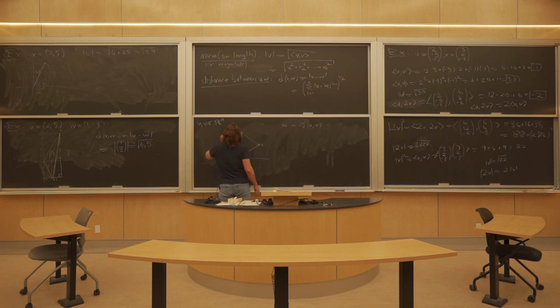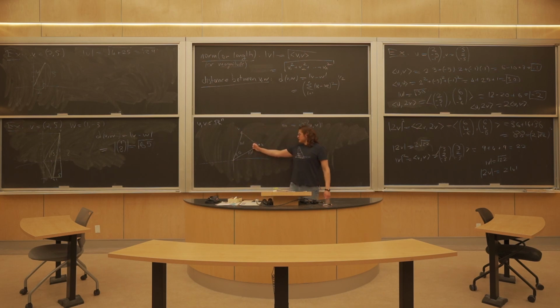Now, u, on the one hand, is this endpoint, but I can really think of this as the arrow from the origin to this endpoint as well. Based on what we discussed, the length of this line segment is the norm of u. And then the length of this is the norm of v.